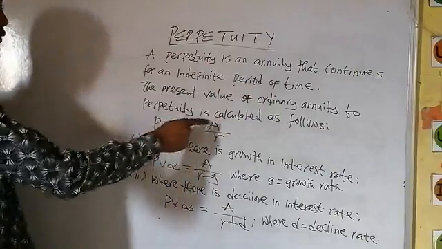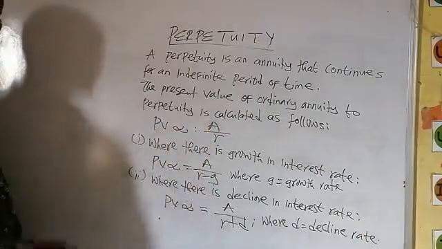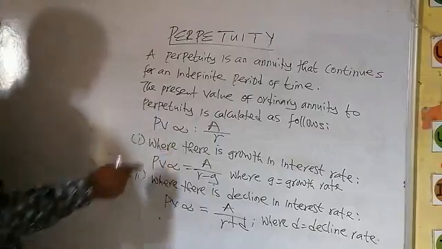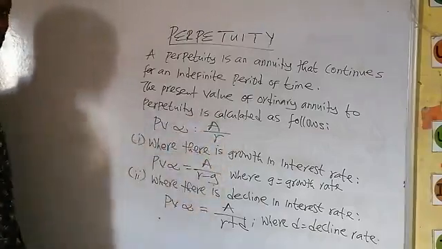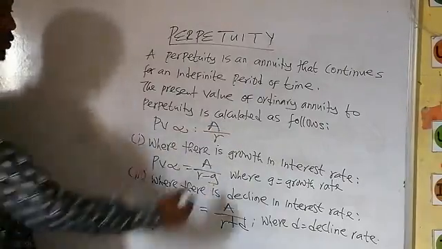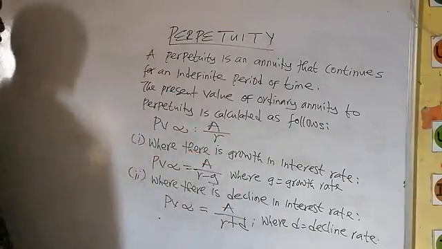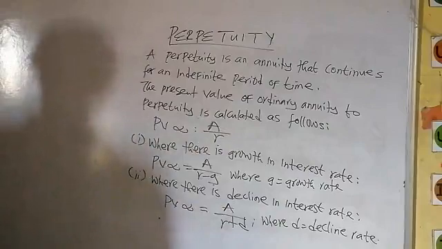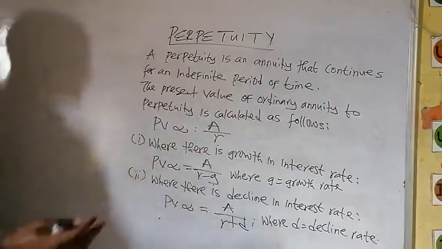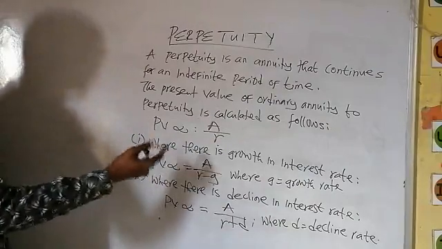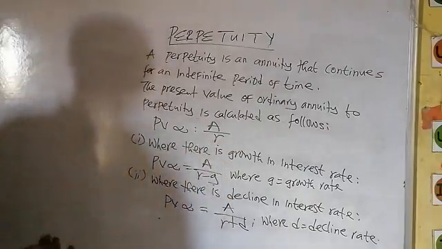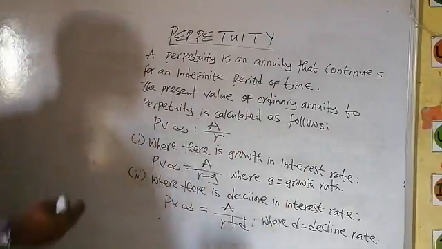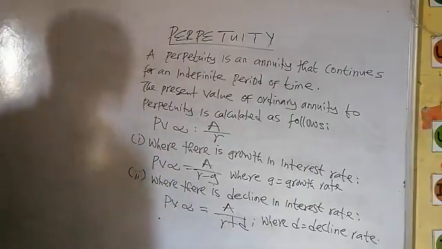Mark you, we are looking for the value of that money in its present time. That's how we have present value here in perpetuity. This is A all over R, where A is the annual amount, where R is the interest rate. But in a case whereby there is growth in the interest rate, because there may be an increase in the interest rate of your investment.